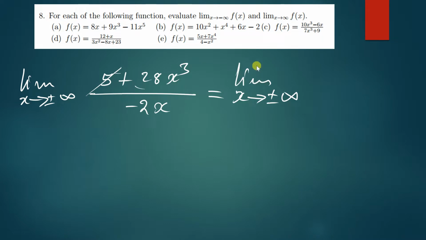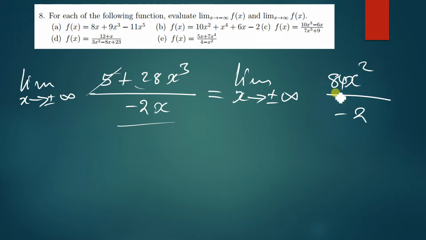Then this part will be 28 times 3, that will give you 84, so you have 84x squared, over, when you differentiate this, negative 2. So you are going to have negative 2 as the denominator there.